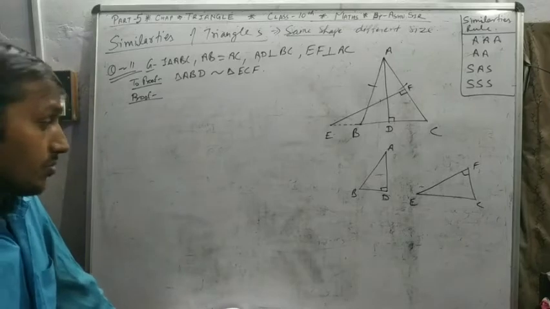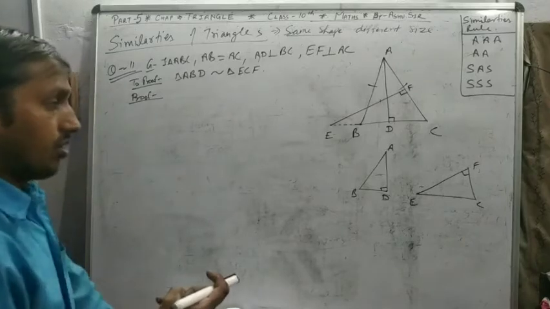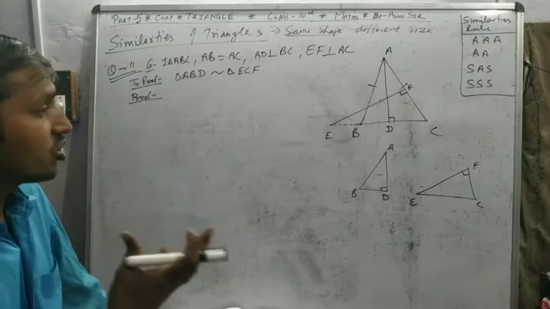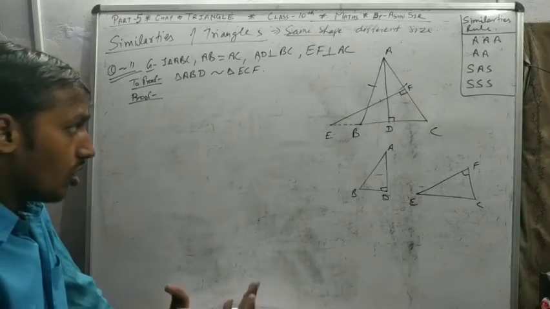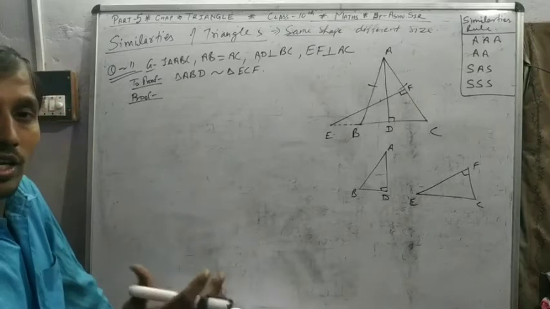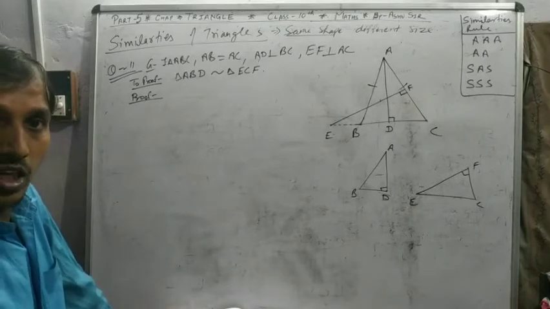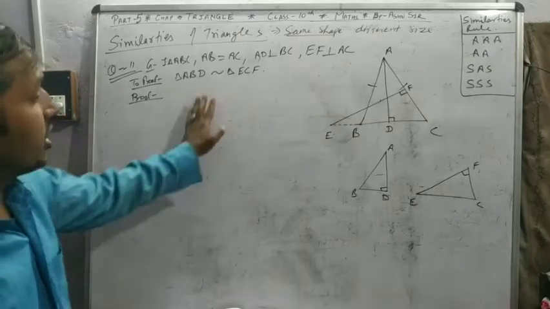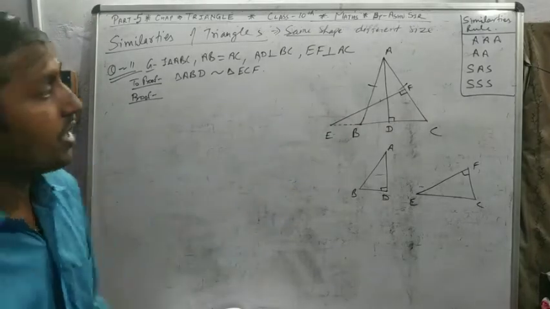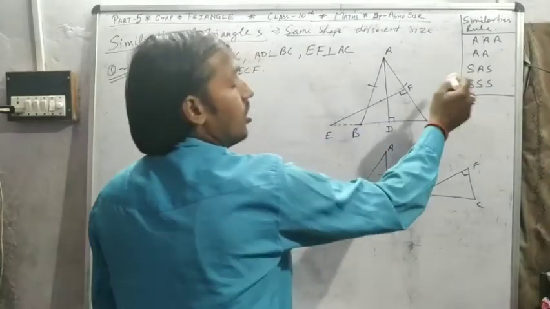Always, before starting the question, my suggestion to you is to first draw a rough sketch in your mind of how we solve it. So you want to prove that these two are similar. We have four similarity rules.